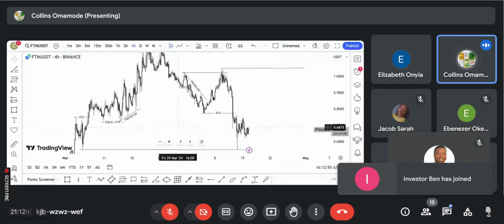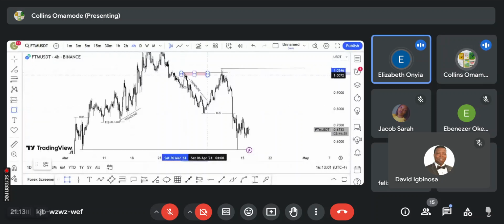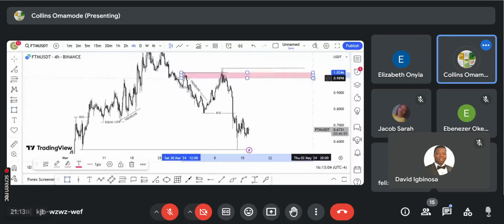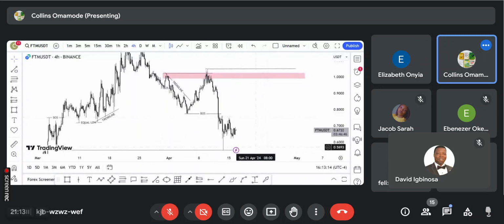Currently, this particular structure is giving us what we call our advanced market structure. But I'm not yet certain, though I expect price to push up, because price is not giving me a good price action here. All this price action here is just ranging. Are you aware this is also a range?